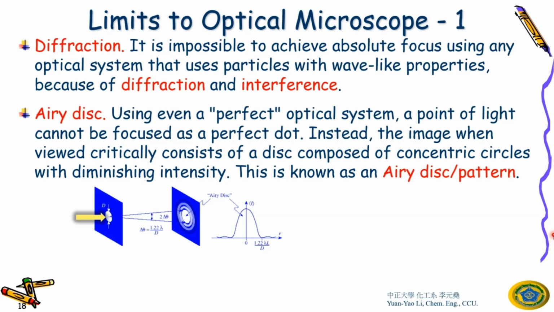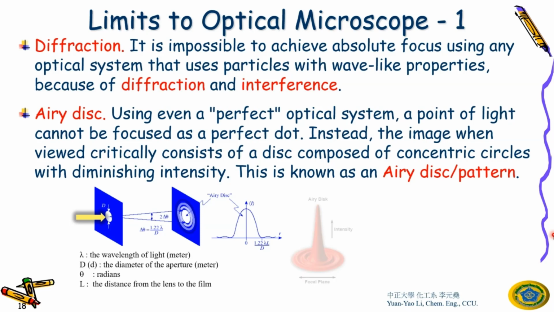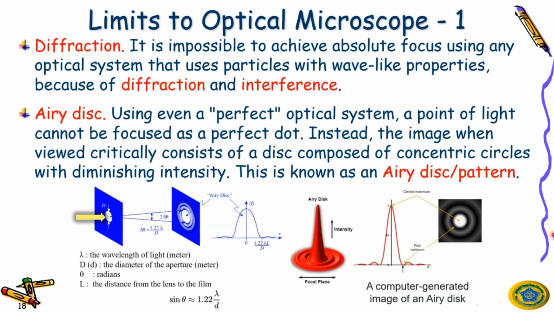And this is about the Airy disk. I don't have time to talk about it, but what I want to tell you is that when you have light scattering, the light intensity distribution will look like this. This is called the Airy disk pattern. You have a spotlight like this, so you have an intensity distribution.